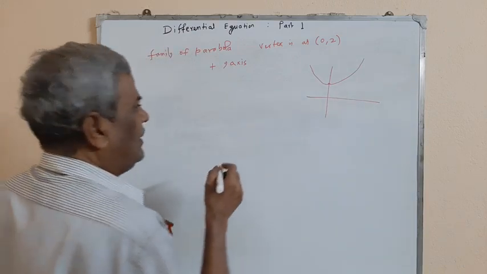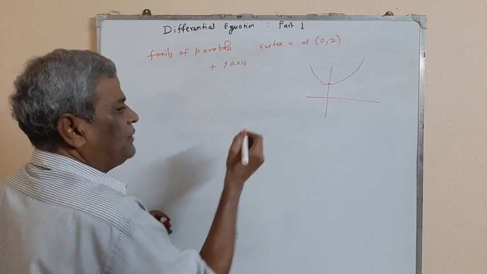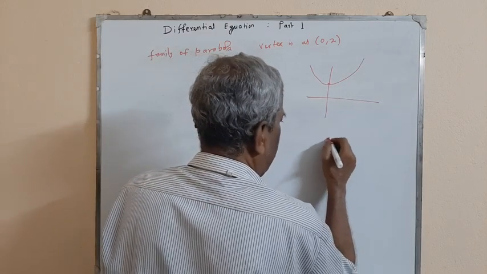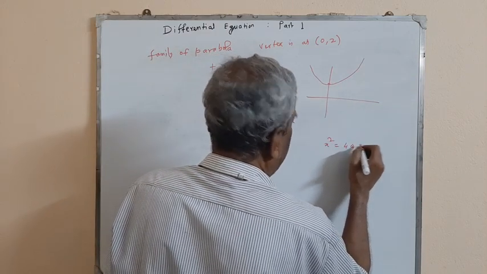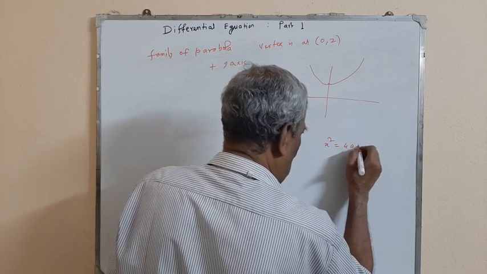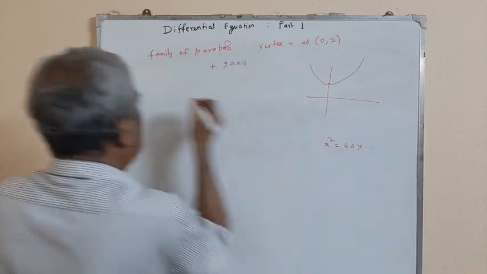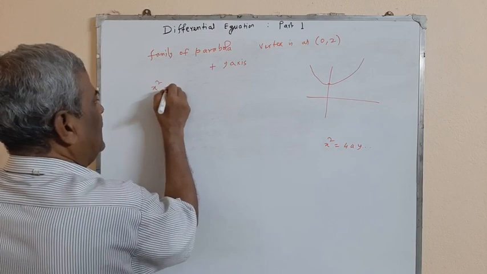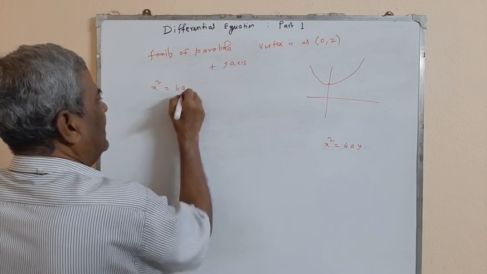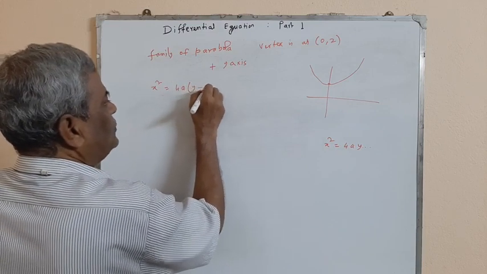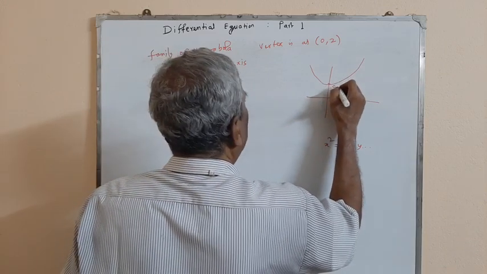Its equation can be written as, it is of the type x square is equal to 4a into y plus something. So its equation is x square is equal to 4a into (y minus 2), because that point is (0, 2).